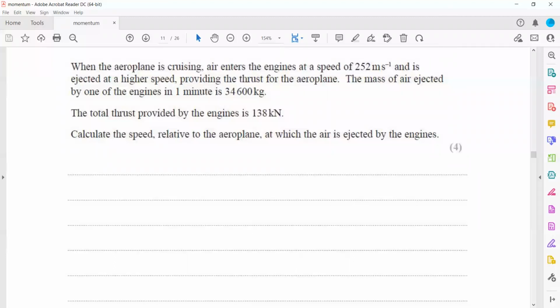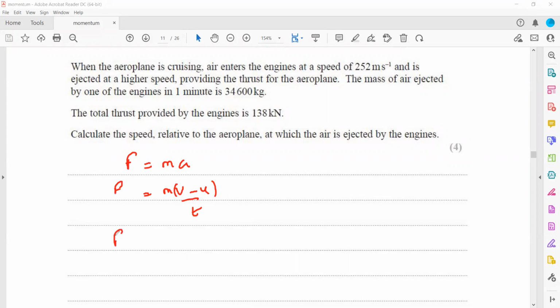So again, we will use the conservation of momentum. We can use the conservation of momentum, or we can also use that the rate of change in momentum is equal to force. As we know, we have the formula F equals ma, and acceleration is the change in velocity, so we can say v minus u over t.